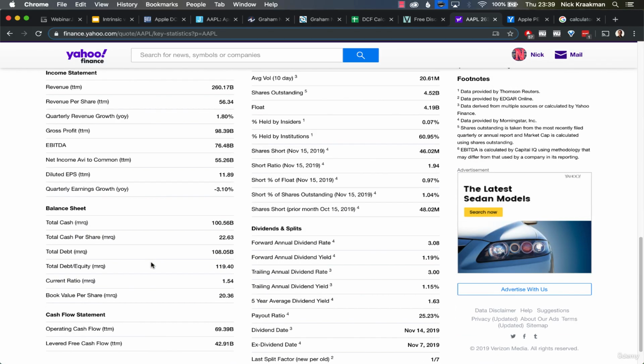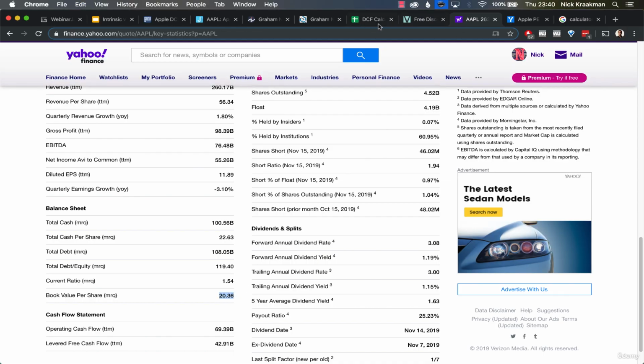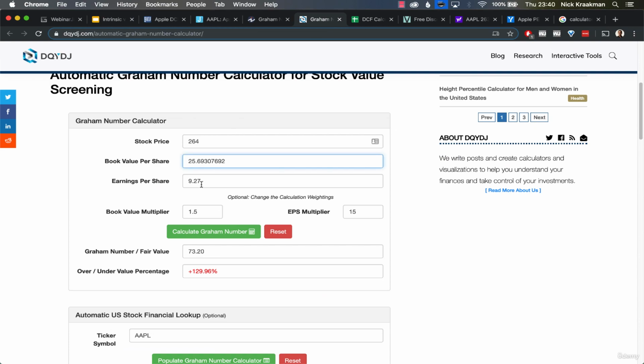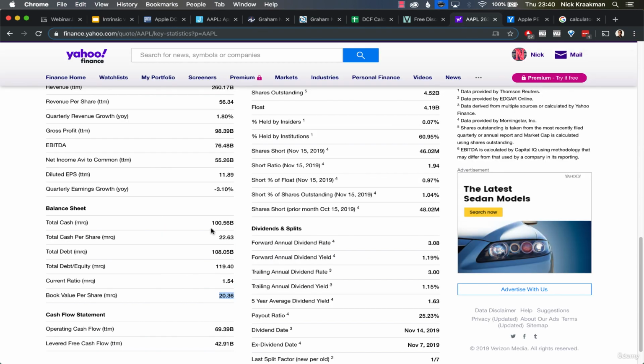Let me see in the balance sheet. Book value per share, most recent quarter, 20.36. So back to the calculator, 20.36. Earnings per share. They are also here. Diluted earnings per share. Here we go. 11.89.